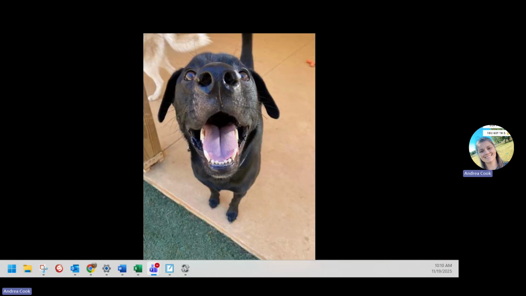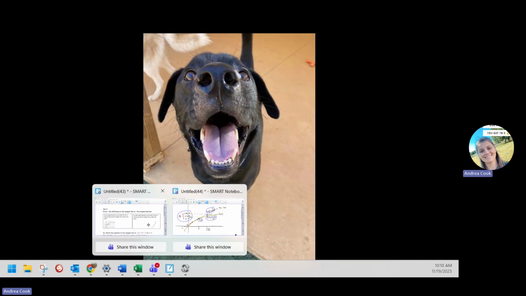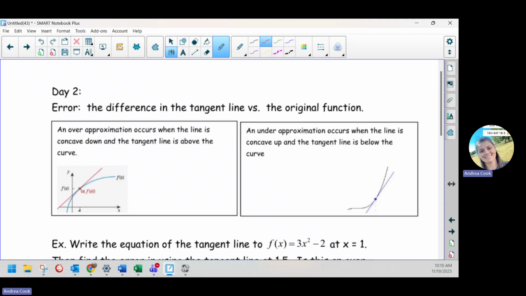All right, so going back to our notes here. So this is your y value on your tangent line minus the actual y value. And that is what error is.